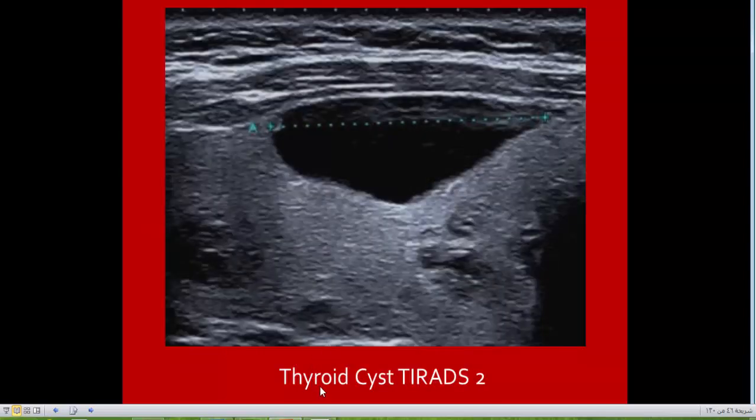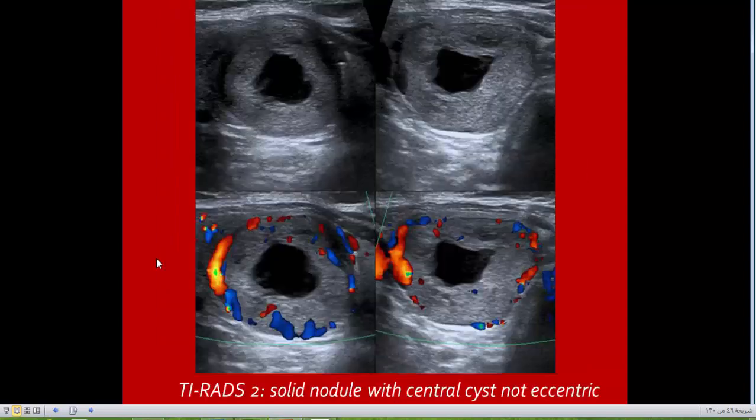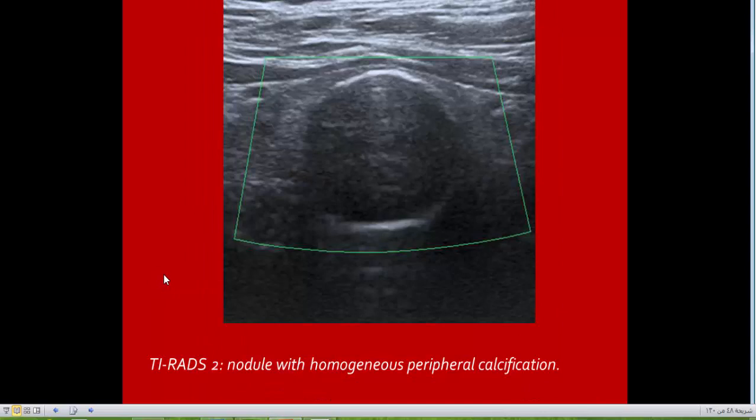Thyroid cyst, TI-RADS 2, as we see. TI-RADS 2 solid nodule with a central cyst, not eccentric. This is TI-RADS 2. TI-RADS 2 nodule with homogeneous peripheral calcifications.